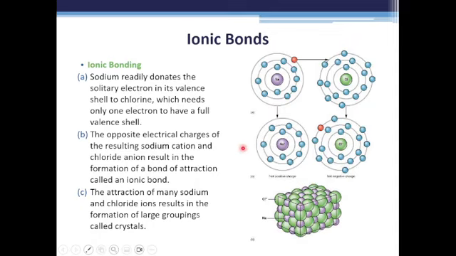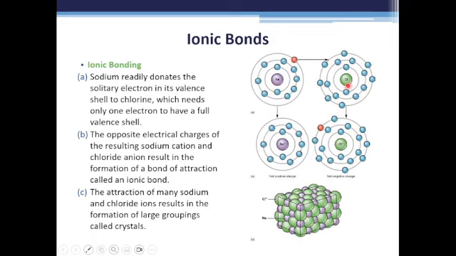This is an example, sodium chloride. Sodium has one electron on its valence shell, and it's ready to give it up. Chlorine has 7 valence electrons, so chlorine needs one more electron to become more stable, as we stated in the last video. Sodium loses an electron and becomes Na plus.